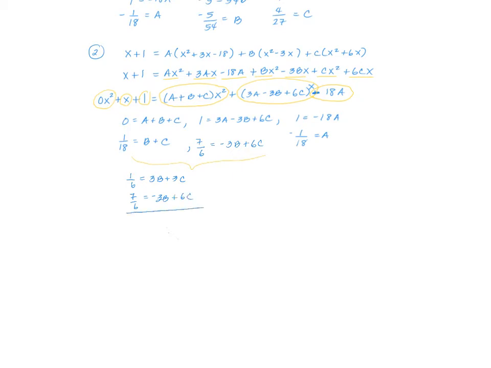When we add those two equations together, the b's will cancel, and we have 8 over 6 is equal to 9c. So if we divide both sides by 9, I have 8 over 54 is equal to c.